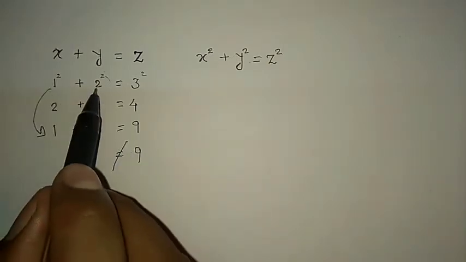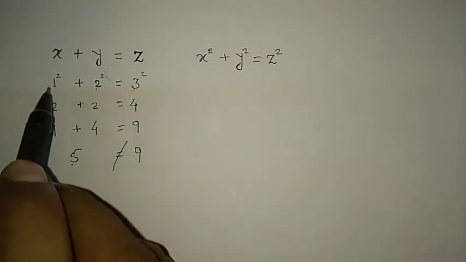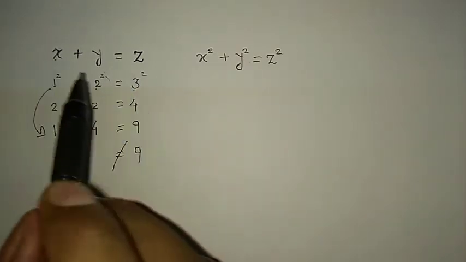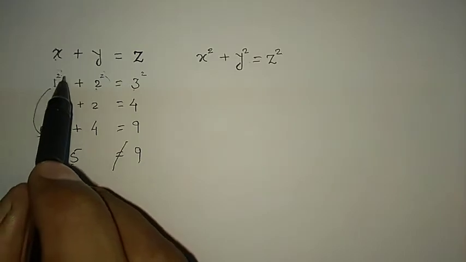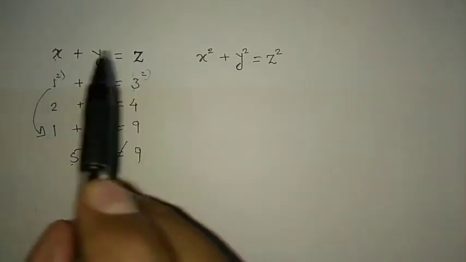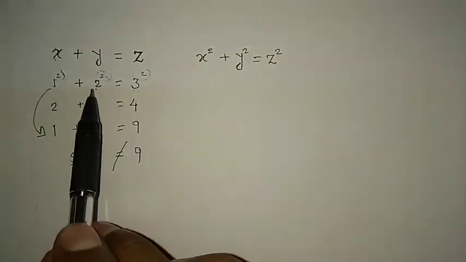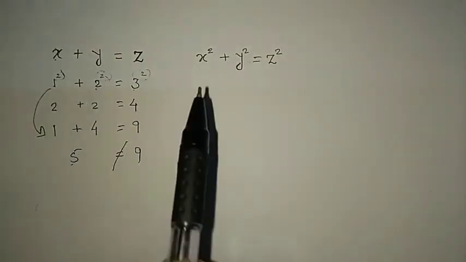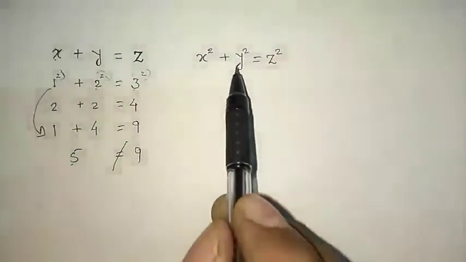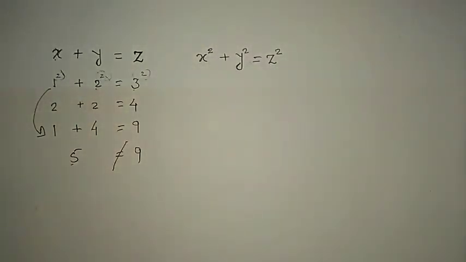So 1, 2 and 3 is a solution for x plus y equal to z, but 1, 2 and 3 are not the solution for x square plus y square equal to z square.